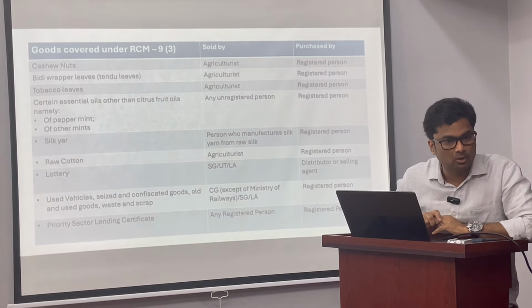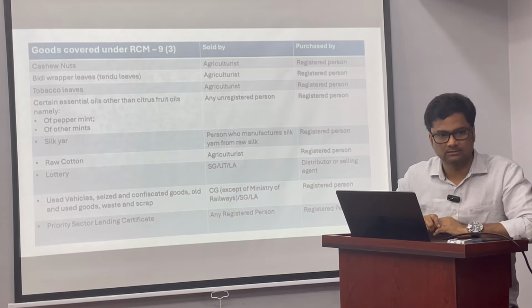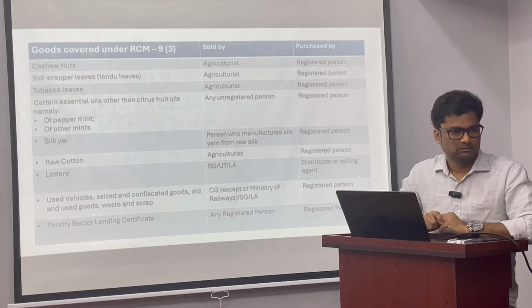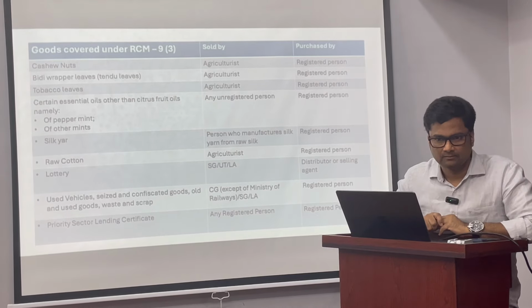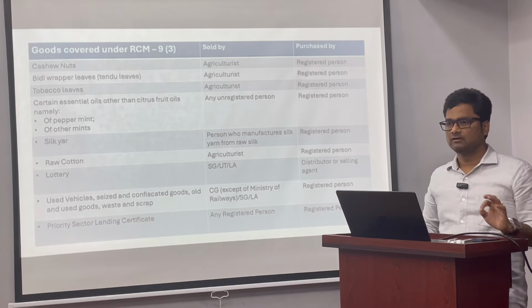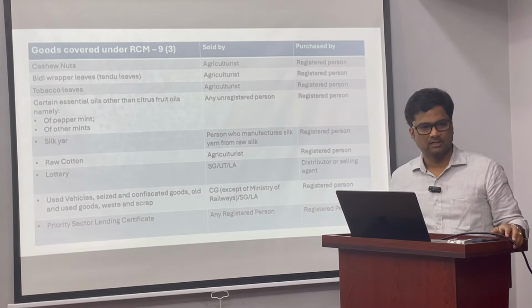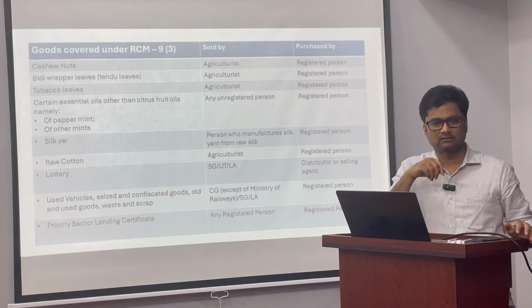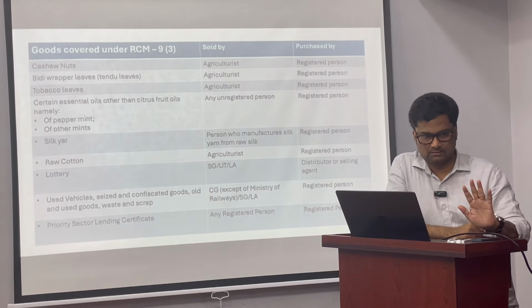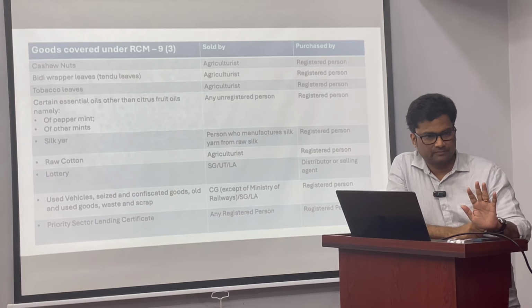If there is a shortfall in this 80%, that means 80 lakhs at least you should buy from registered dealers. Say I bought only 60 lakhs in the year, 40 lakhs from unregistered dealers. What is the punishment?